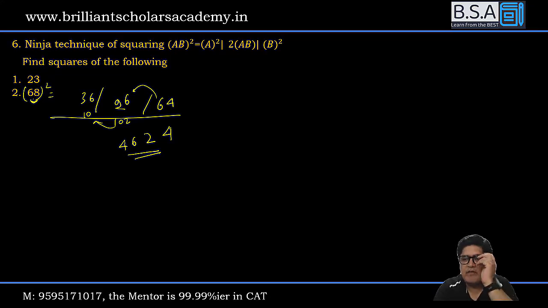Is the approach clear to everyone? There are a couple of more examples. A square, 2AB, B square. Match your answer. 4624.